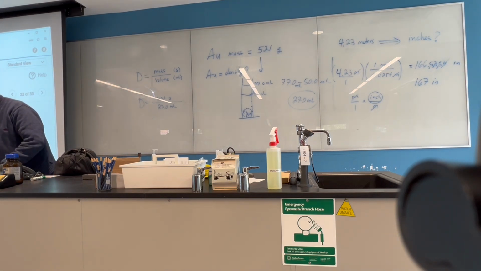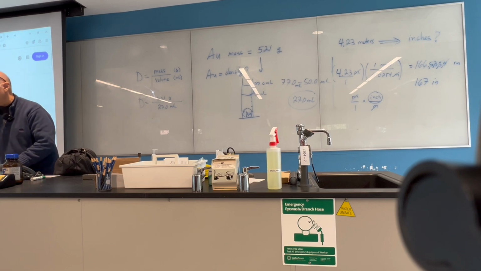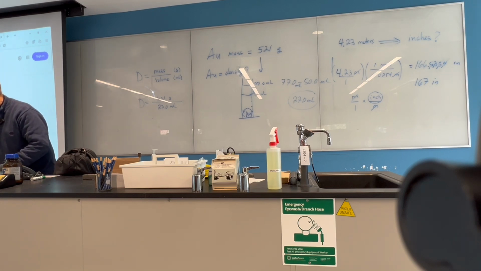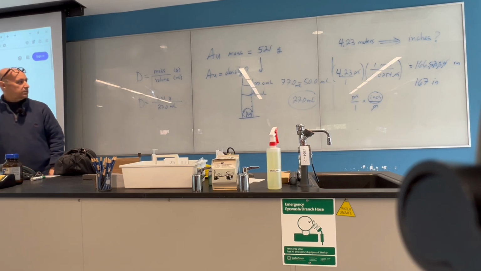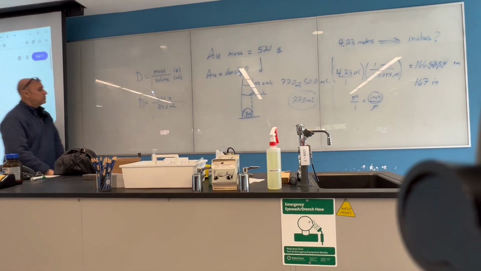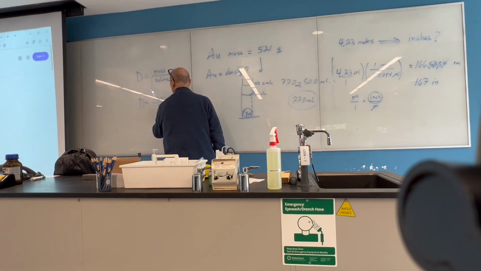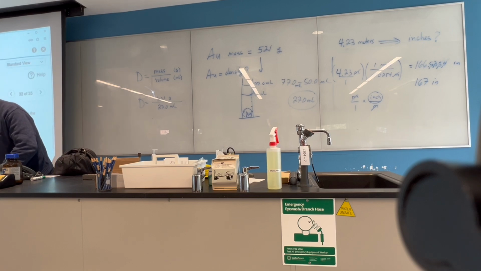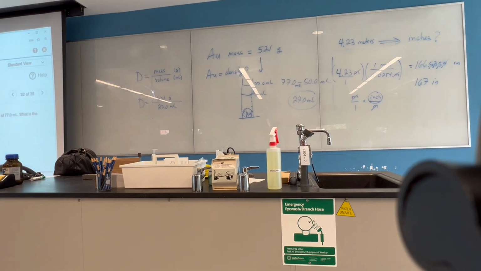So let's go back to the calculator and divide 521 by 27.0. I'm just going to put 27 because we're going to do the significant digits together. So we have 19.296, blah, blah, blah. How many significant digits do we need to report? 1, 2, 3, 1, 2, 3. So 3 sig figs. What is that number to 3 sig figs? 19.3 grams per milliliter. So let's go back to the problem. And there is a choice. There is a choice that shows exactly that number.